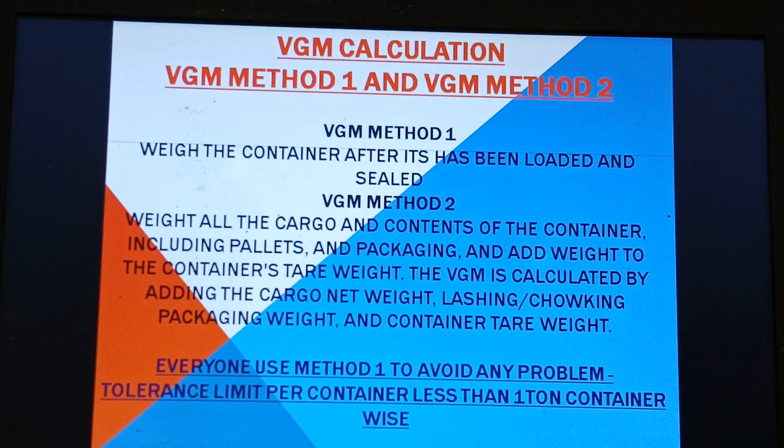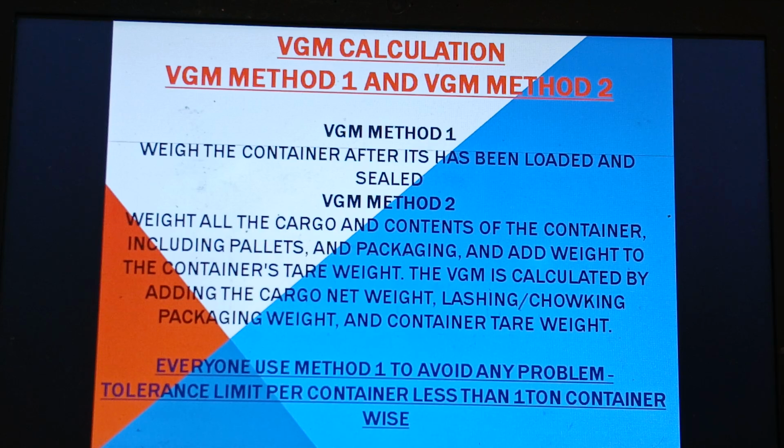The VGM calculation. There are two methods of VGM calculation. The first method is to weigh the container after it has been loaded and sealed. That is a simple procedure: weigh the loaded and sealed container and it will be clear to you. The second method is to weigh all the cargo and the container, including pallets and packaging, and the container tare weight.